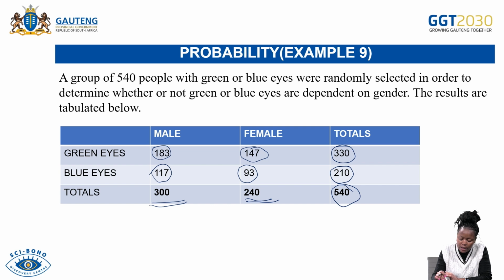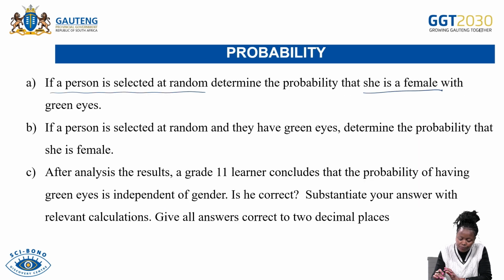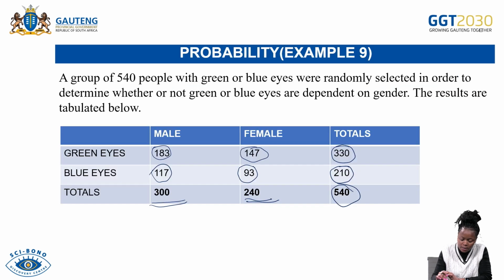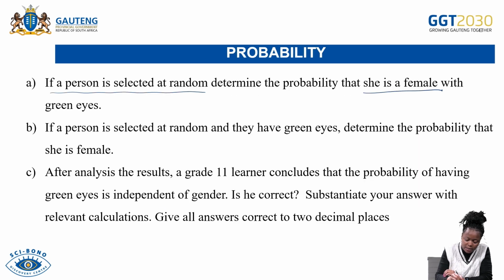So now they're saying find the probability that the person is female with green eyes. So I've got a female here with green eyes, so it means it's going to be that 147. It's a female with green eyes, right? Female and green eyes. So it's going to be 147 all over.